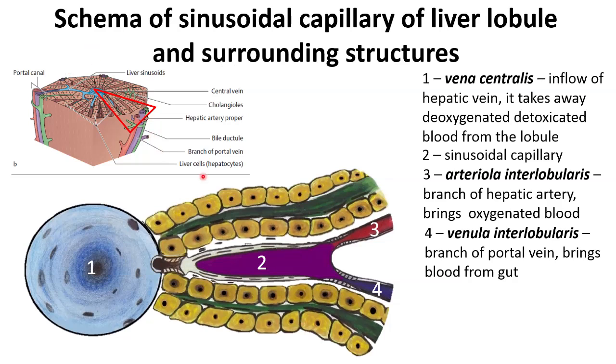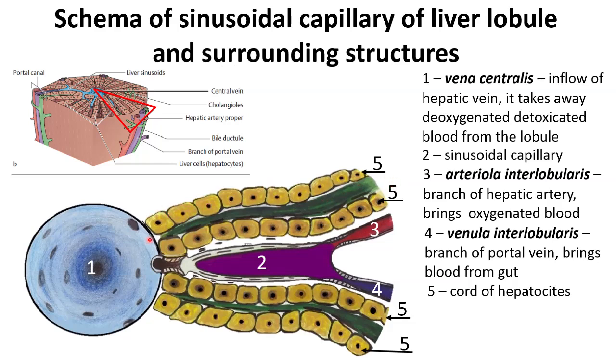So now we understand that hepatocytes are arranged around the sinusoidal capillary. And we shall use this designation number 5. Number 5 is the cord of hepatocytes. So here we have drawn 4 cords of hepatocytes, or trabeculae of the liver.